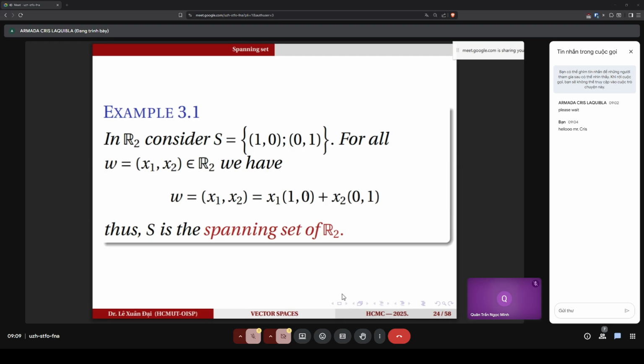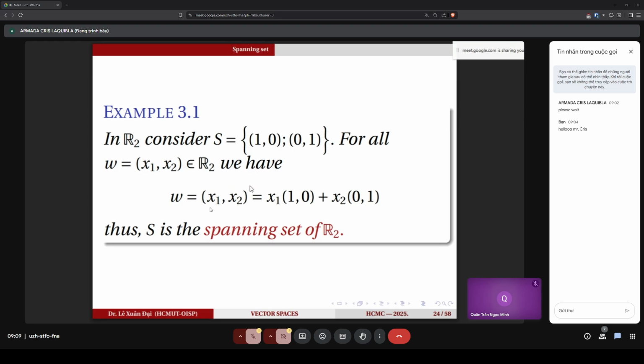So we have this one. Consider S equal to {(1, 0), (0, 1)}, and for all w equal to (x1, x2), where x1, x2 are elements in R2. So R2 means the set of ordered pairs.